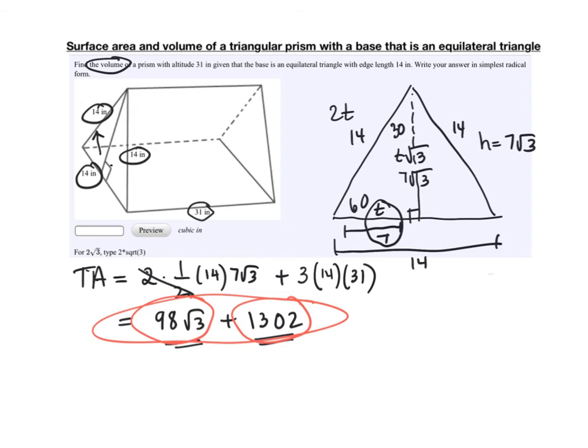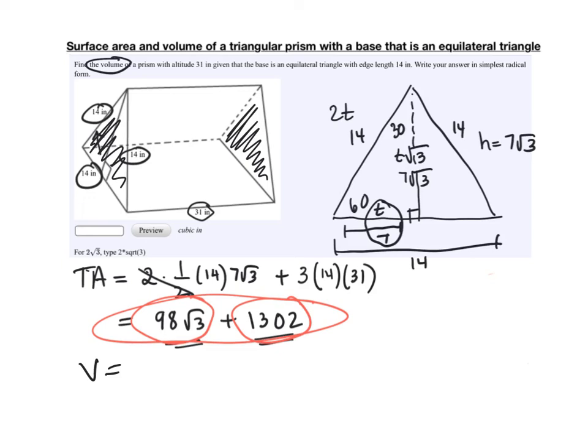The volume is the easier of the two here. The volume of a prism in general is the area of the base. Remember, the base occurs twice. This is a base, and the same thing over here. The base occurs throughout the figure, all the way through it.